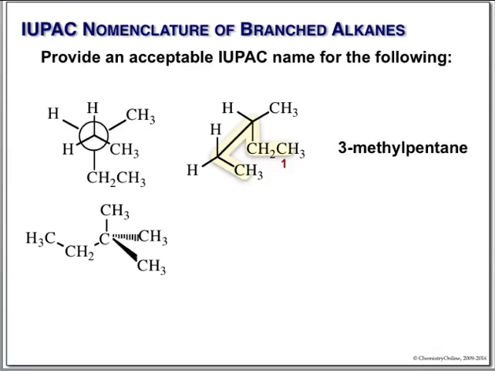Look at this guy. Finding the longest chain here is really simple. It doesn't matter which of these CH3s you start with. It's going to be 1, 2, 3, 4. Now you see these little bonds with dashes and a big bold sort of thing?